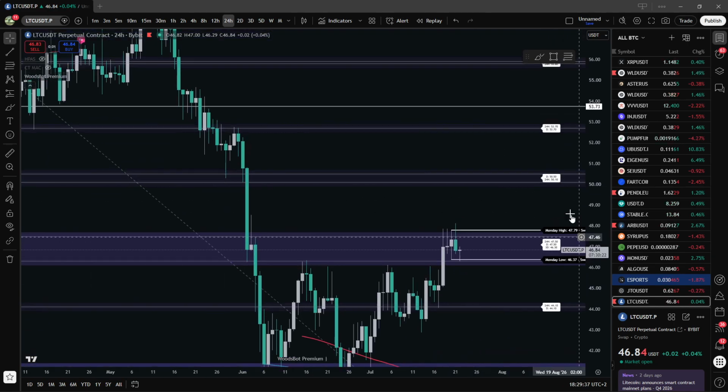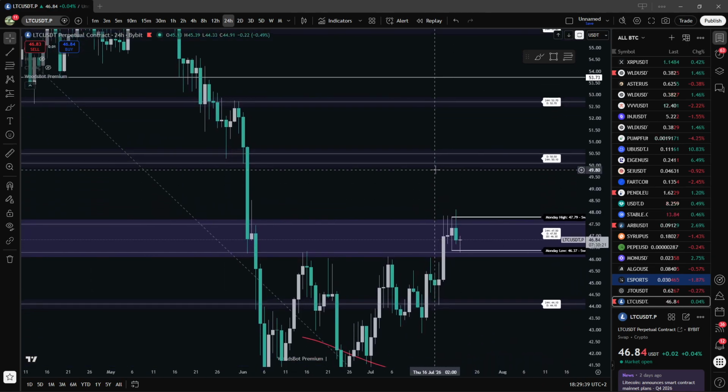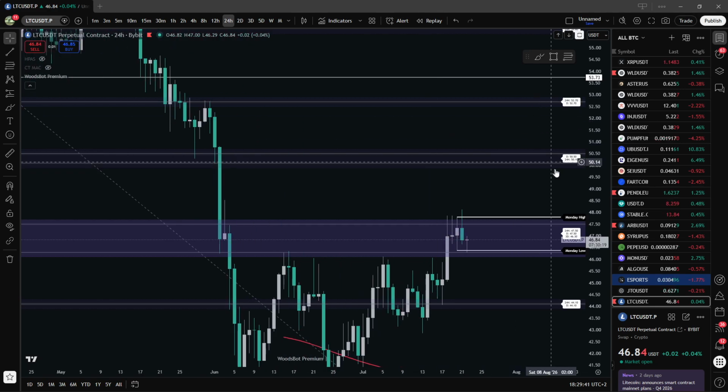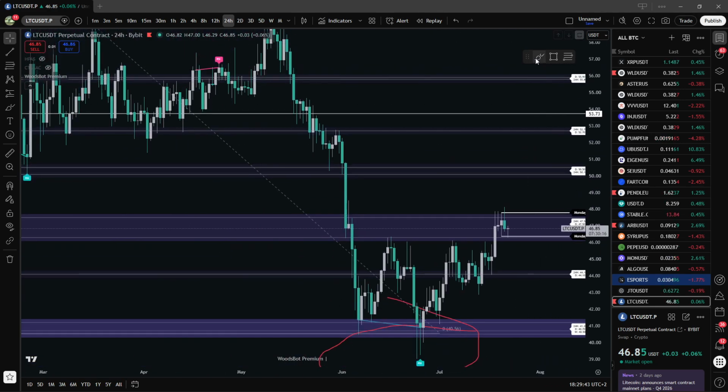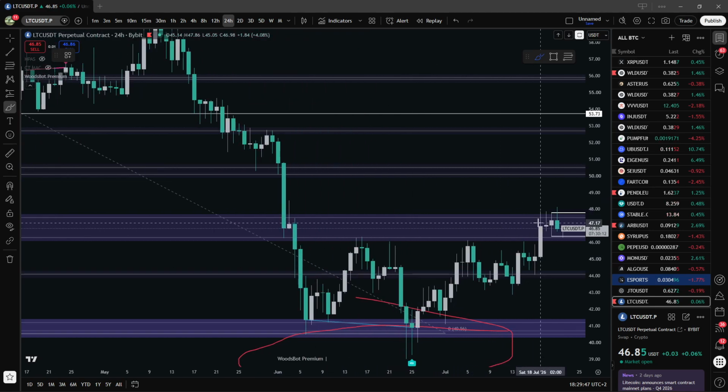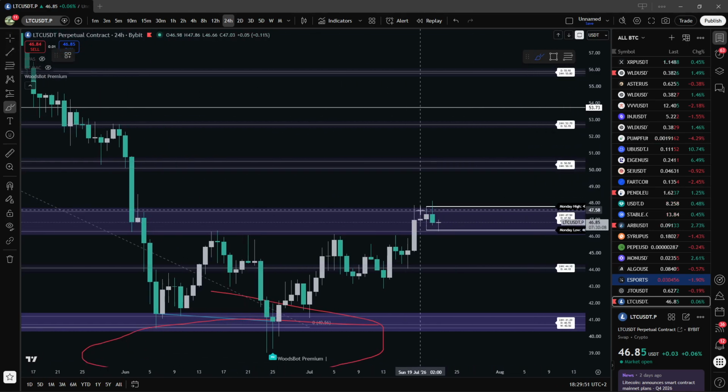it is sitting at support, but it needs to break this range, right? You see how there are so many equal highs there. 1, 2, 3, 4 times Litecoin tried to break out of this range, but it didn't manage to do that.